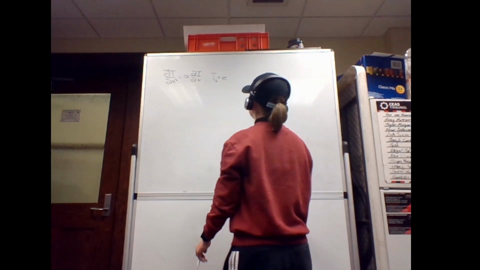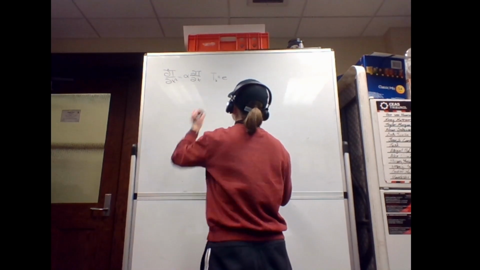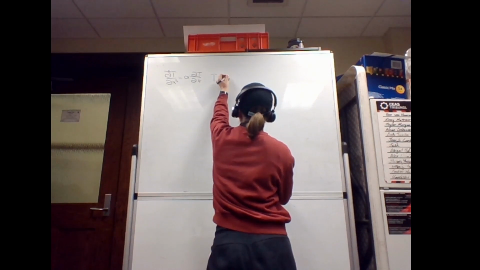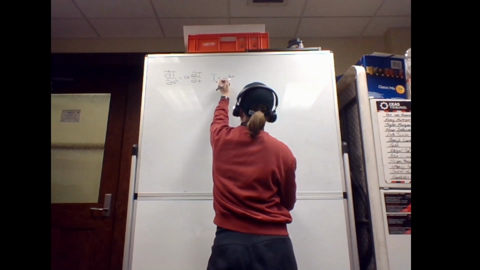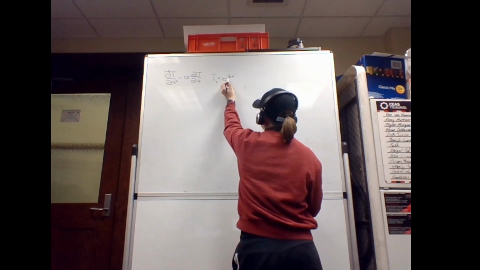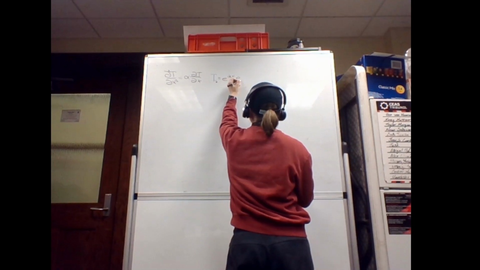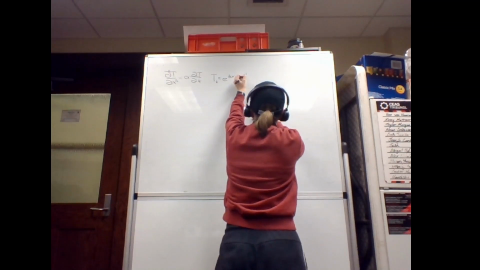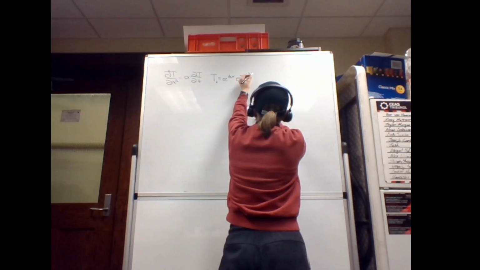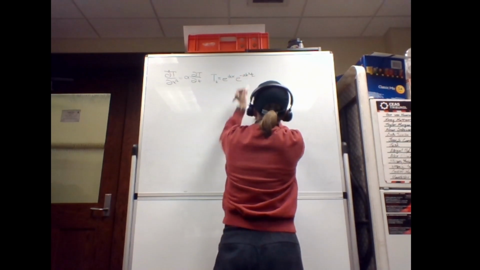Cool. In reality, T_k is equal to e^(ikx), where i is an imaginary number, k is your wave number, and x is your position, multiplied by e^(-alpha k² t), as in time.